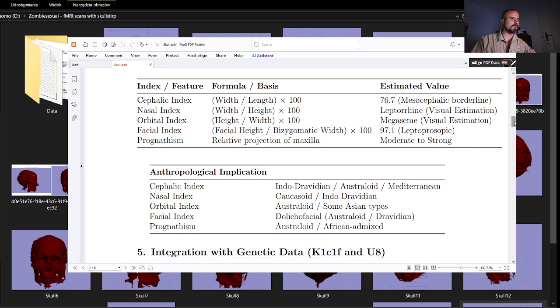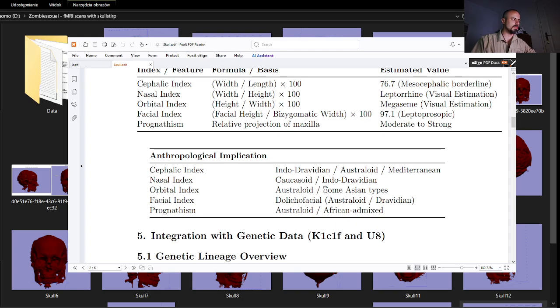That would indicate also some connection to peripheral Nordic. Nasal index Caucasoid Indo-Dravidian, orbital Australoid, some Asian types. Facial index dolichofacial, prognathism Australoid African admixed.